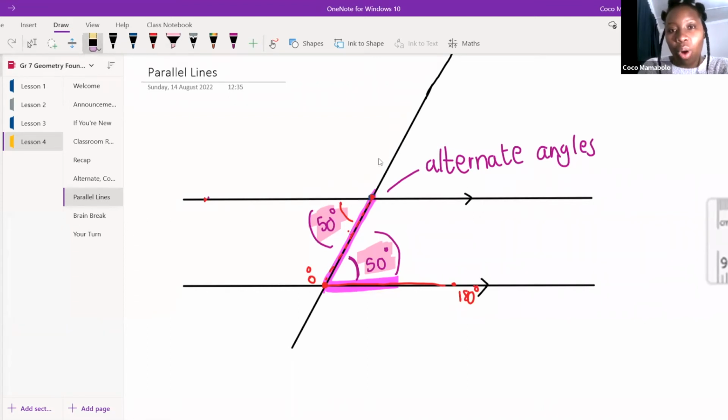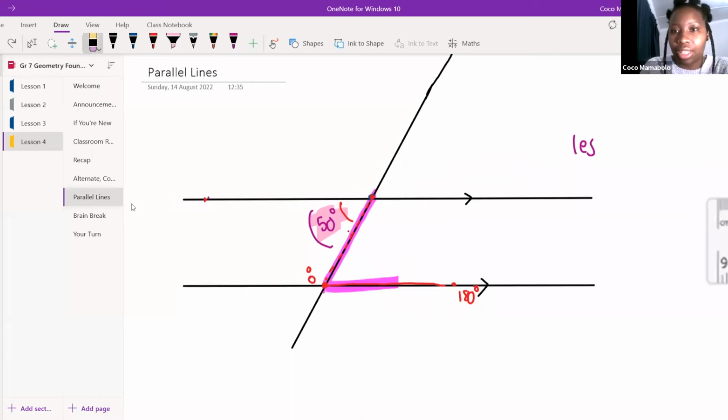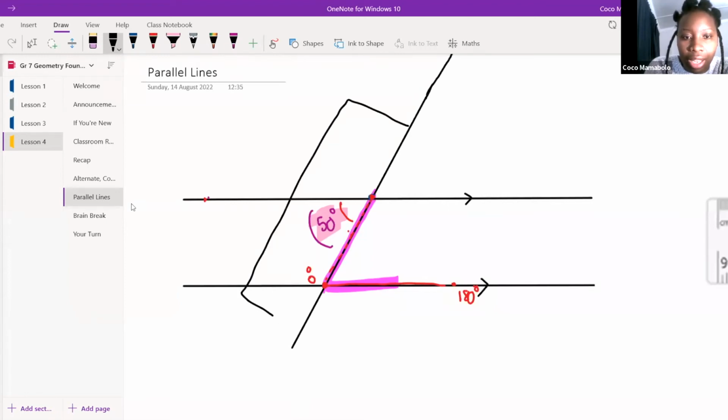All right. One more thing. Now I need you guys to take your ruler. Oh, look at what I've done now. Okay, I'm going to erase this alternate angles. Take your ruler and place it like this. Let's say this is my ruler. It needs to be flush with this line over here. Make sure that they're exactly the same.